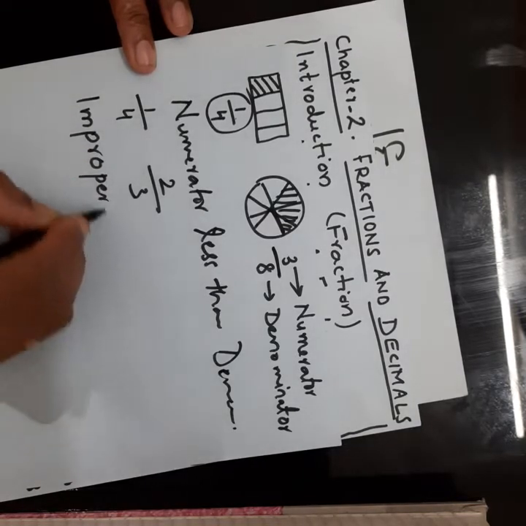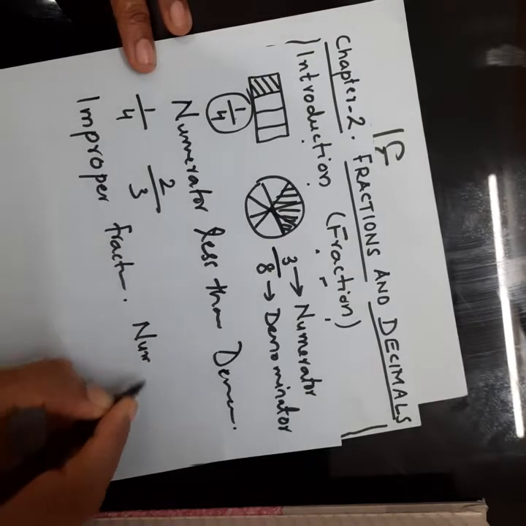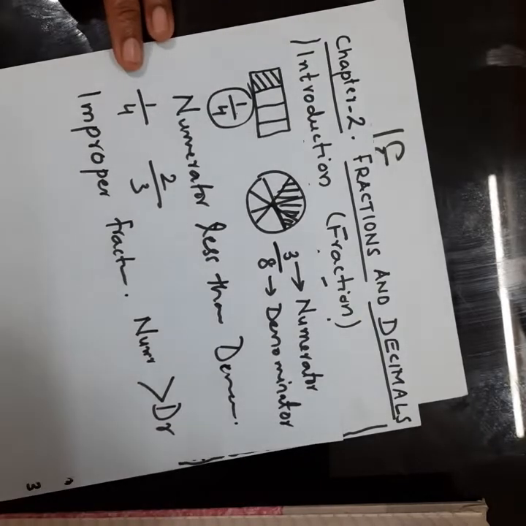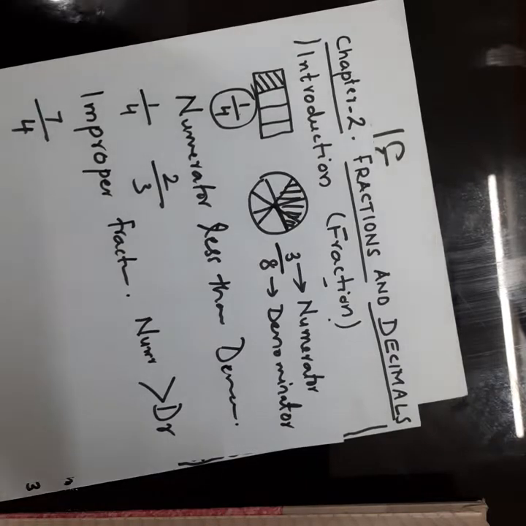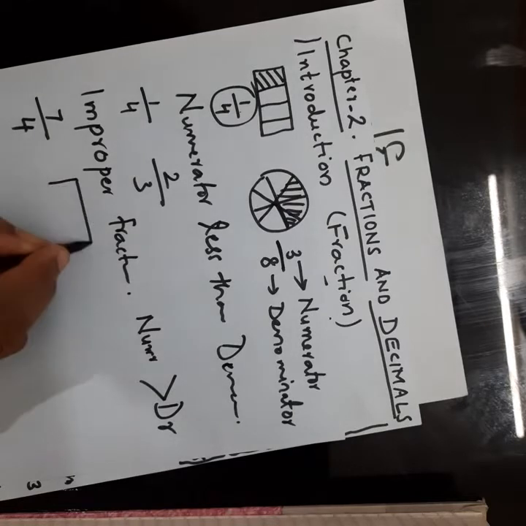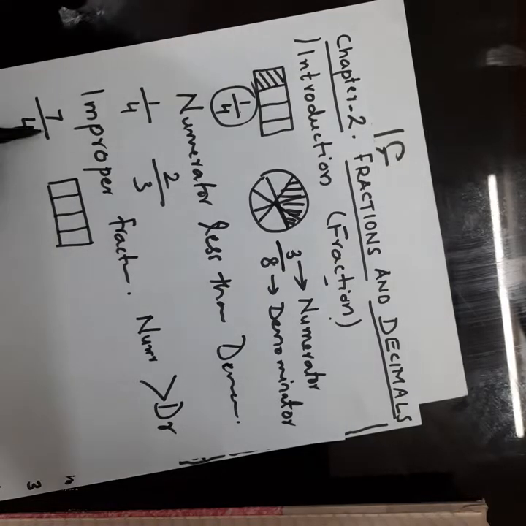What is an improper fraction? Improper fraction means the numerator is greater than the denominator. How is it possible? Example, 7/4. 7/4 is an improper fraction. A whole is divided into as many equal parts as the denominator, 1, 2, 3, 4, and 7 are to be selected.